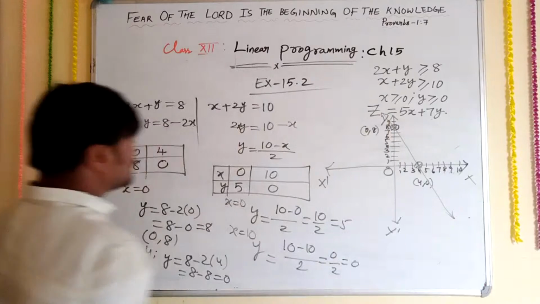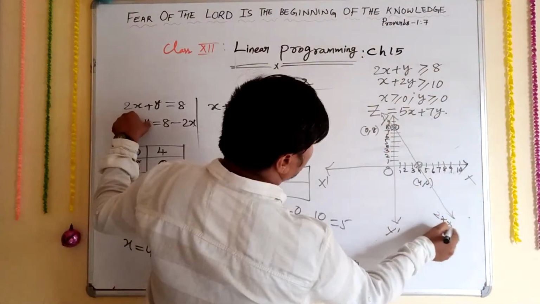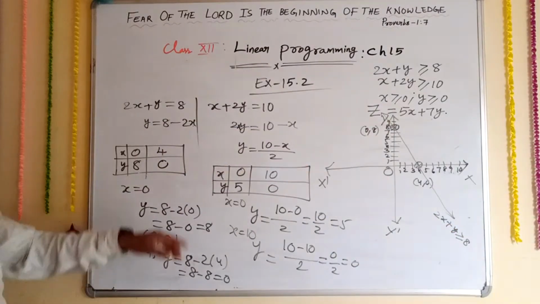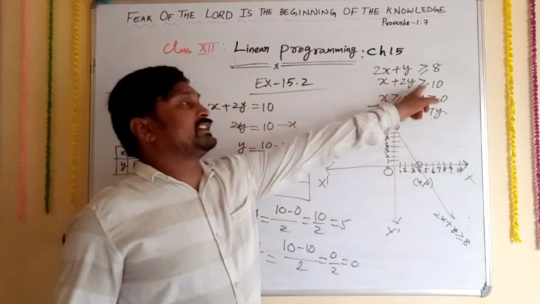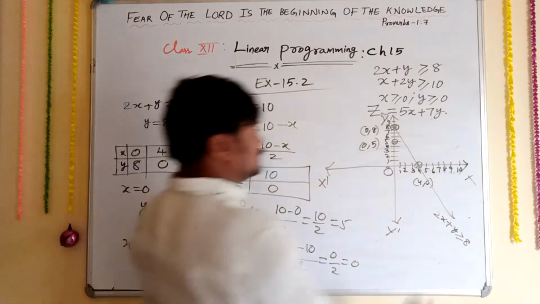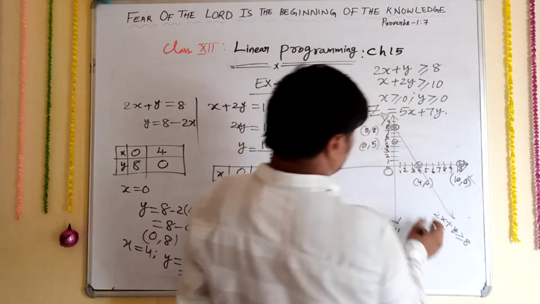And what is this equation? 2x plus y is greater than or equal to 8. Next, x plus 2y is greater than or equal to 10, next 10 0. So here it is 10 0. Now join these two.